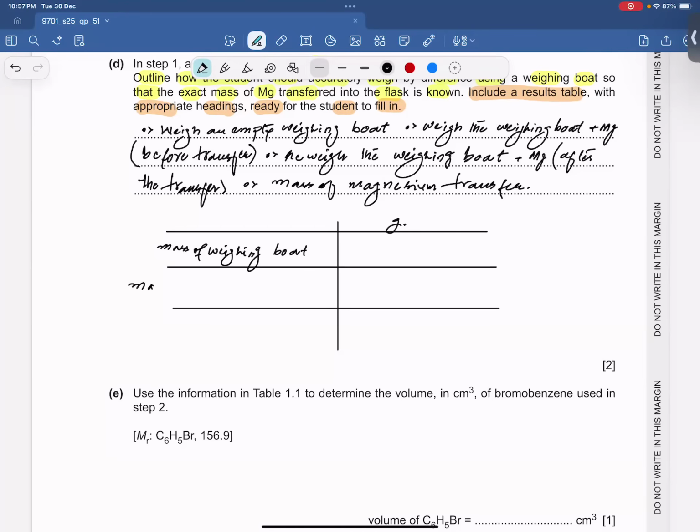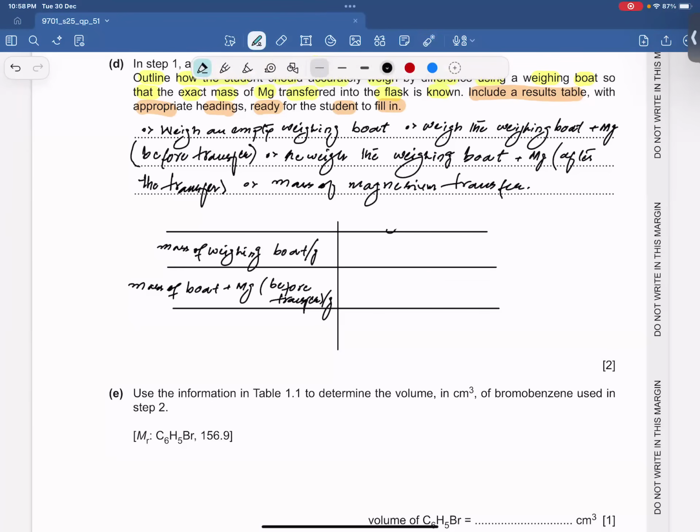Mass of weighing board plus magnesium before transfer in gram, obviously. Oh, my bad. Hold on. In mass, that's gram. I'm going to write the value here.